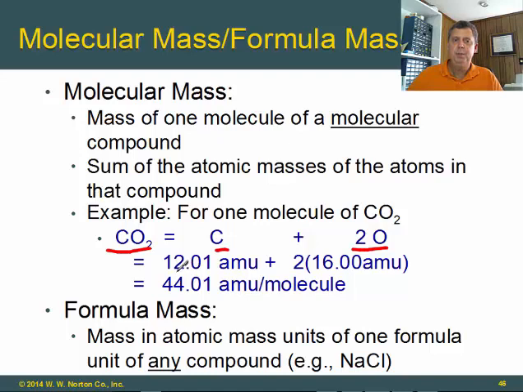Look up in the periodic table, 1 carbon atom has a mass of 12 AMUs, or 12.01. Oxygen atoms, 16.00 AMUs each. Add those up, and you get 44.01 AMUs per molecule. But this also gives us 44.01 grams per mole. So we can use this to convert between mass and moles for a compound.